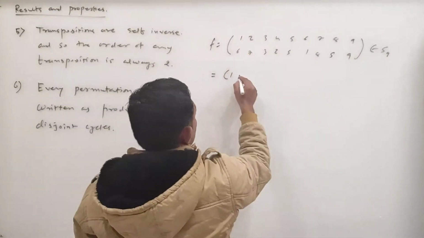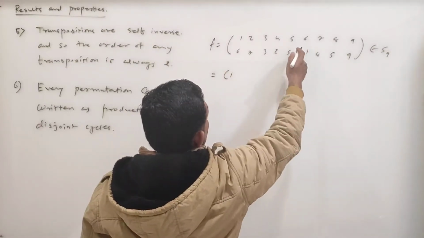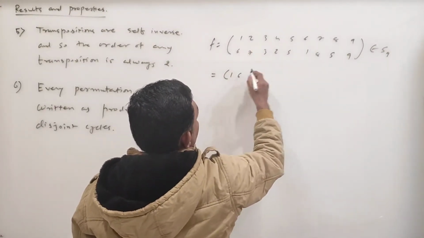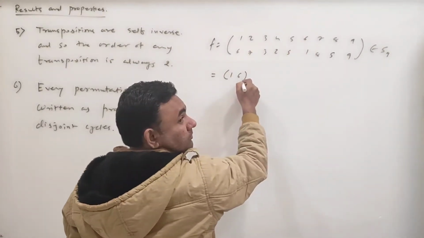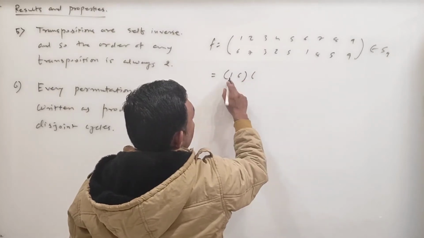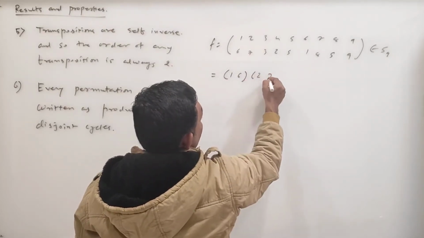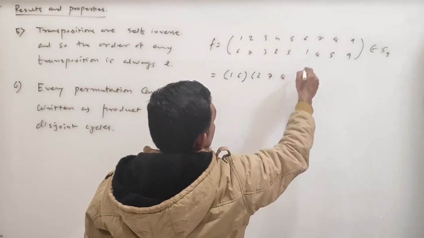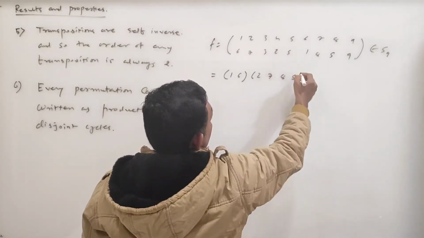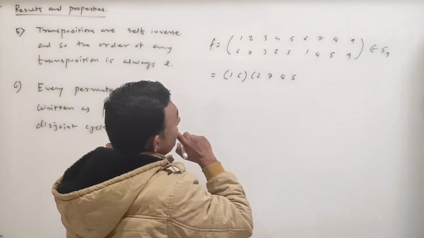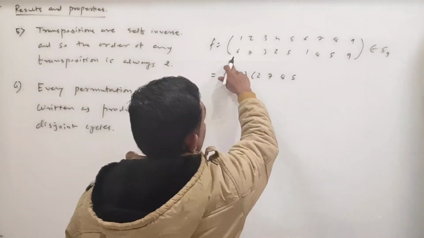Here 1 goes to 6, then 6 goes to 1, so stop. Now 2 goes to 7, 7 goes to 8, 8 goes to 5, 5 goes to 5. Why 5 two times? So this is wrong, right?